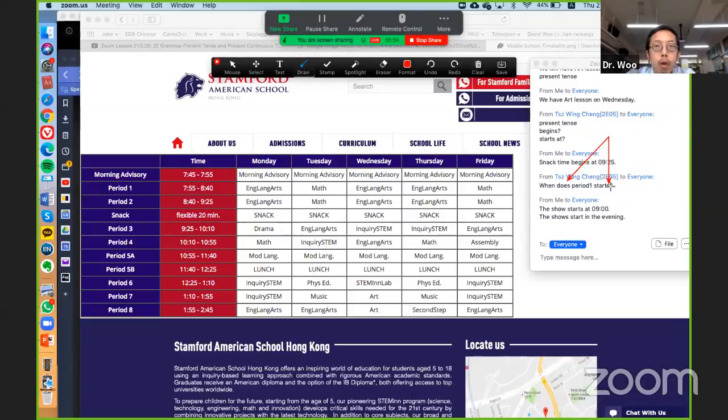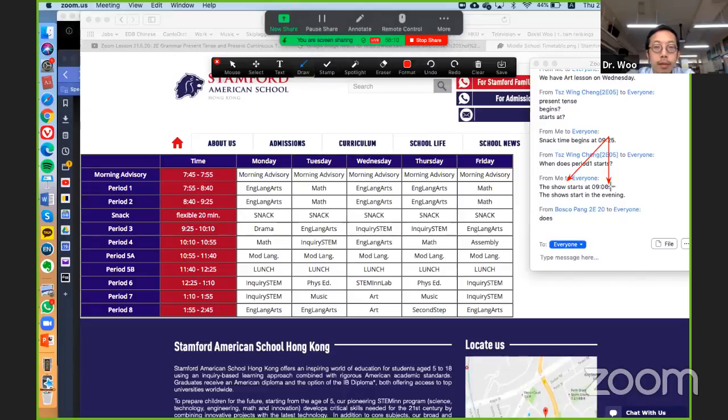Bosco, which verb should be changed? Does or start? Does, okay. So we change or conjugate one verb, then the other one is the base form, the bare infinitive. So you don't change start.